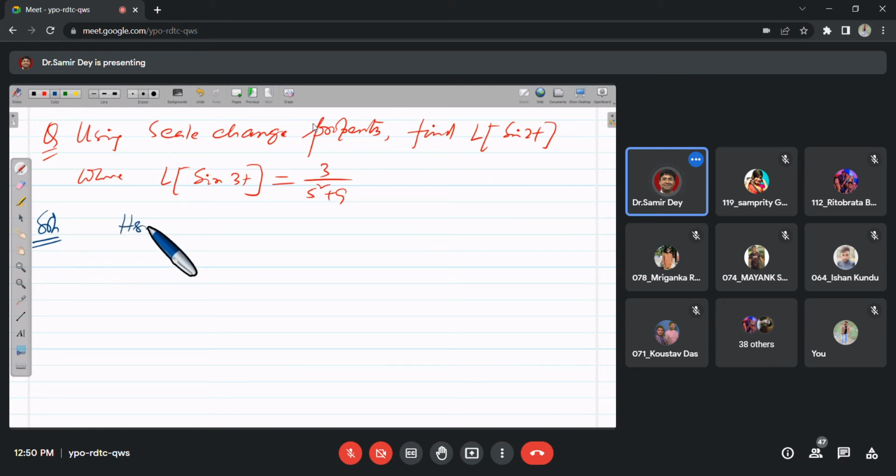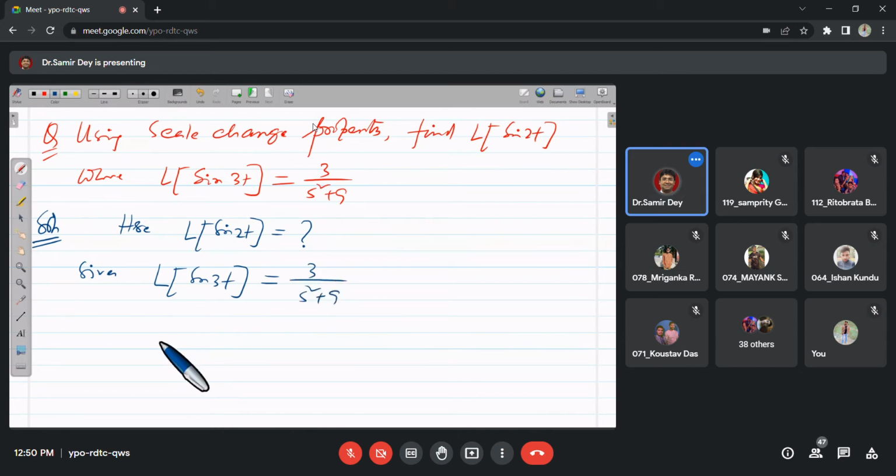Here you want to find L of sin 2t. It is given L of sin 3t is equal to 3 by s square plus 9. Therefore f(t) is equal to sin 3t and F(s) is equal to 3 by s square plus 9.